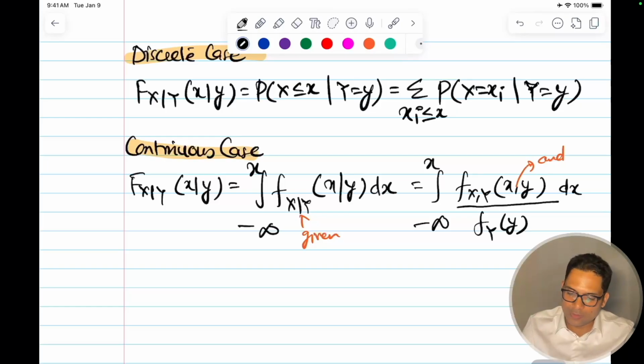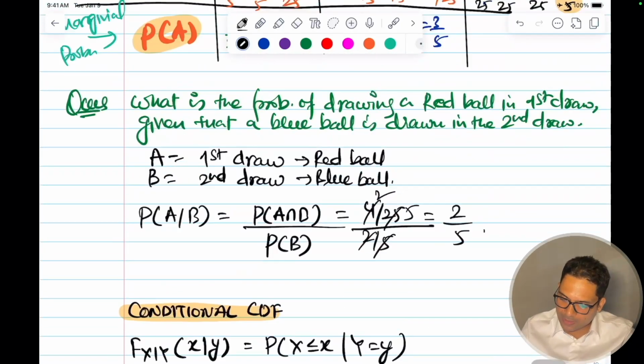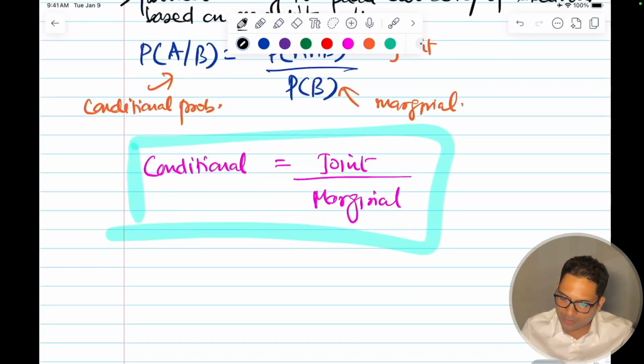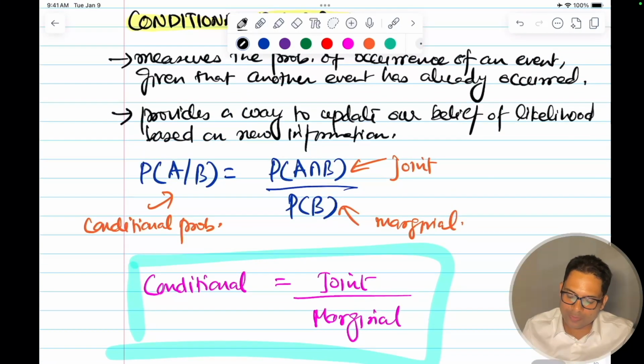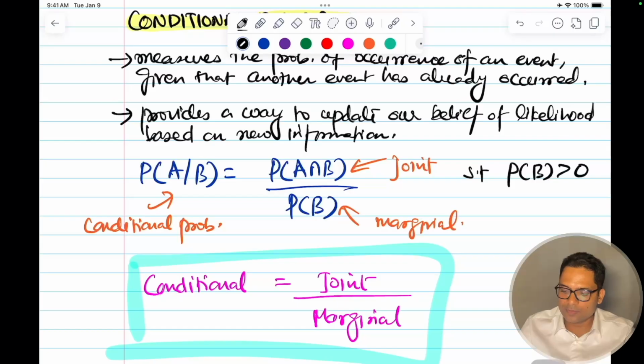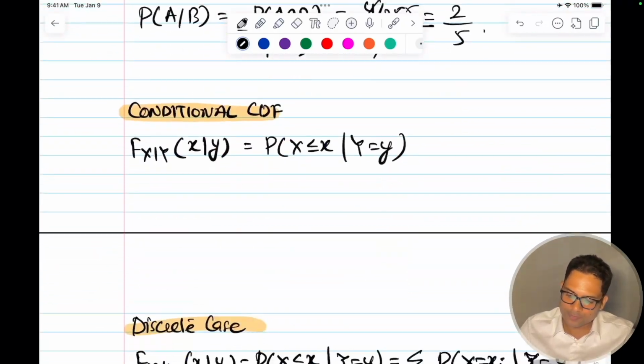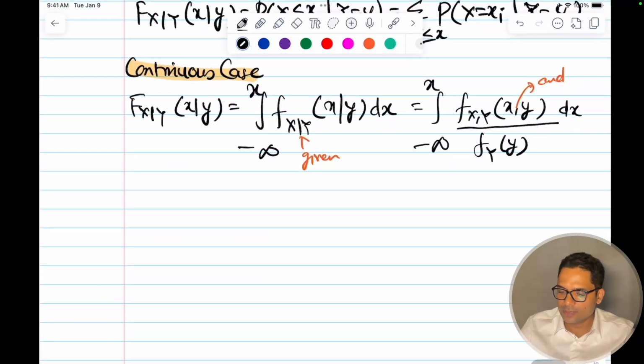Always remember, whenever a conditional probability is there, mathematically the denominator should not be 0, since you cannot divide by 0. So this holds for probabilities such that probability of b is greater than 0. Everywhere you have to put that condition, such that f of y is greater than 0.